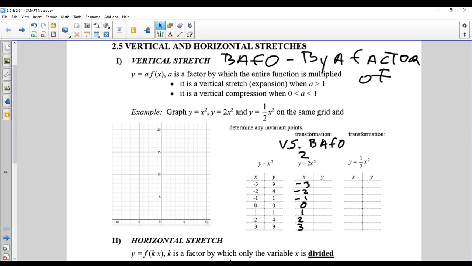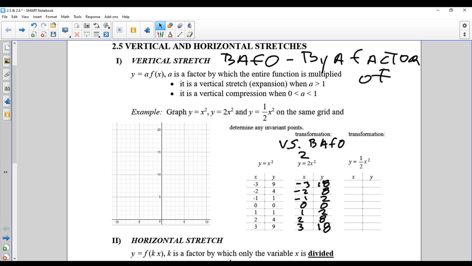All right, so what do you think happens to each of the y's? If you had to guess, yes, Triash. They change sign? No. What do you think? That's exactly right. It's times them by 2. So we're going to take each y value, multiply it by 2. So that's 18, 8, 2, still 0, 2, 8, and 18.